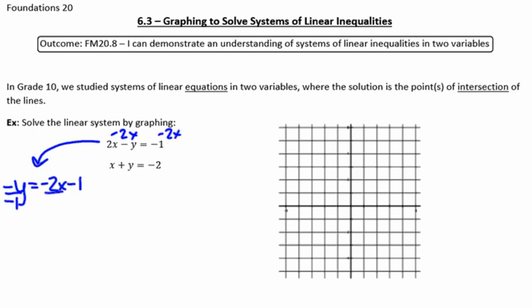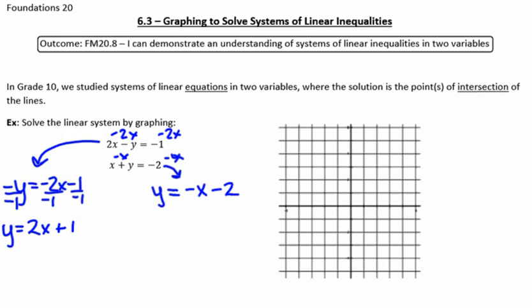Dividing by -1, y equals 2x plus 1. And the other one, subtracting x from both sides, we have y equals -x minus 2.